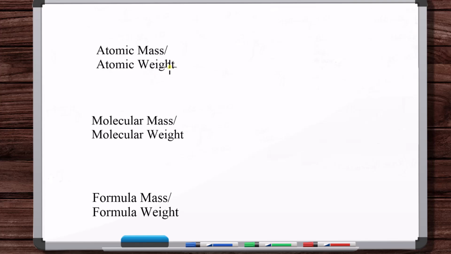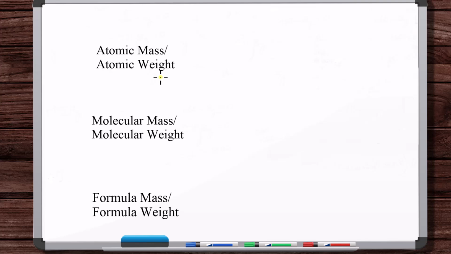Now, but the term weight instead of mass is sometimes used in reference to a mass that's based on the averaging of the masses of the isotopes of a certain element, which we'll talk about in a second.